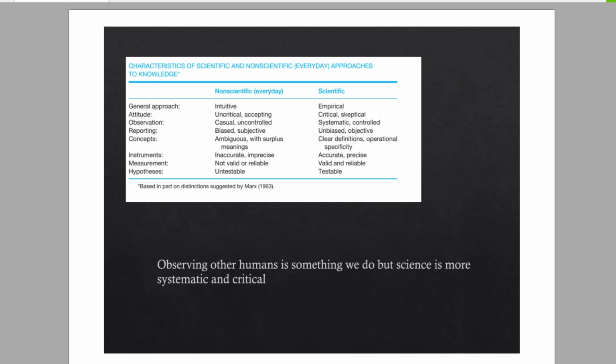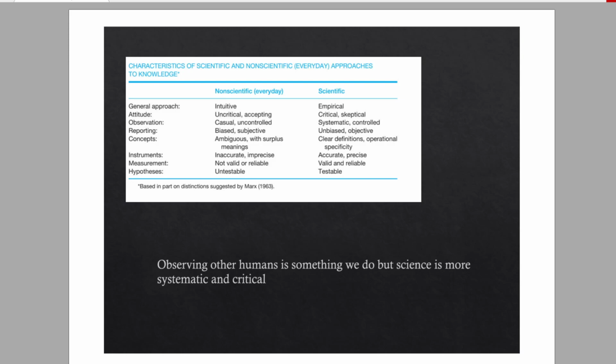So as I previewed, the characteristics of scientific and non-scientific or everyday observations are in the way that it's approached and the way that it's systematic. So non-scientific is intuitive. You might trust your intuition about what you think is true about, for example, men or women.